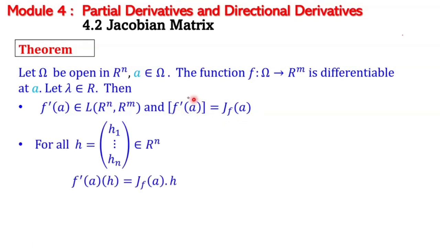Next, this can be written as the function f dash A operating on H belonging to Rn is equal to JF(A) dot H. It means take the matrix and take the product of the matrix with H, and you will get the same as the derivative applied to H. So this is the relation between the Jacobian matrix and the derivative of the function.